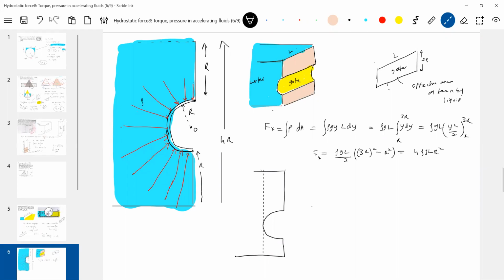The liquid present above the gate will exert a force vertically down, and the liquid present below the gate will also exert a force. Now what shall we do? Shall we go for the net resultant force?